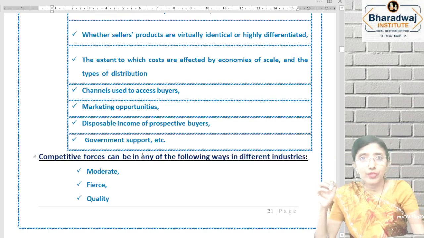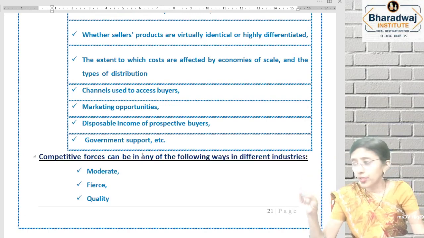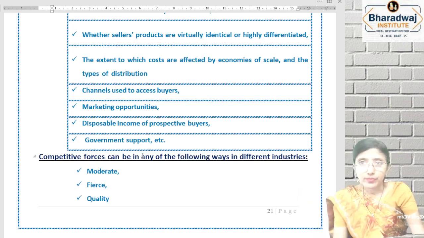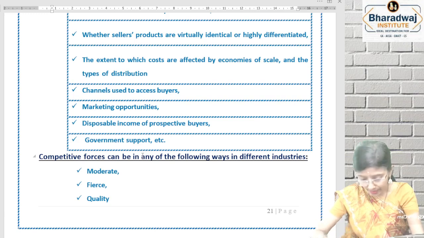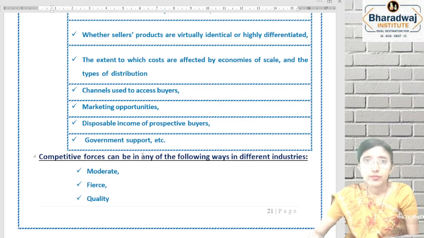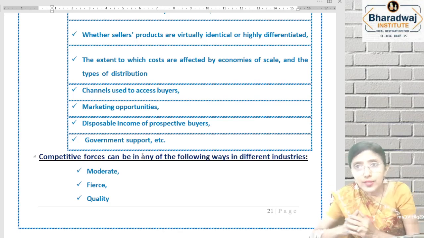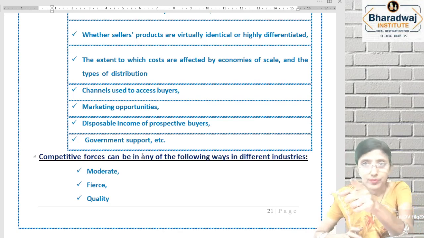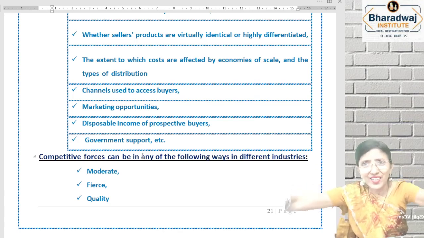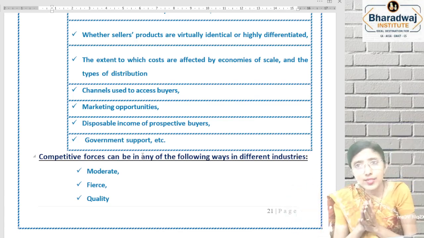Can you tell me the difference between a firm, industry and sector? A firm is a single organization. Very good. A specific organization, a company, an entity, an enterprise.